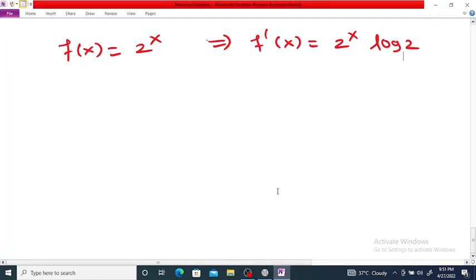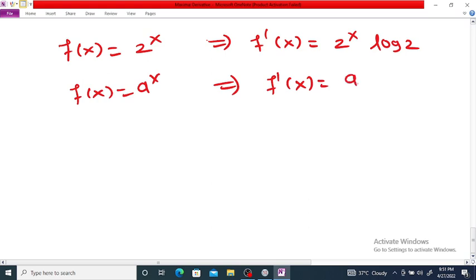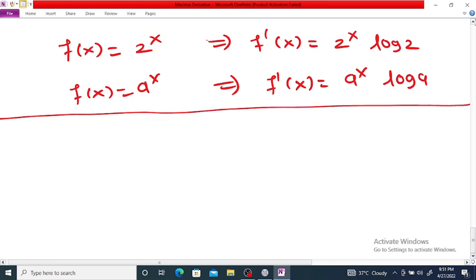So in general, if f of x is equal to a raised to x, where a is any real number, then its derivative is equal to a raised to x log a. Next, we are going to determine the derivative of trigonometric functions.